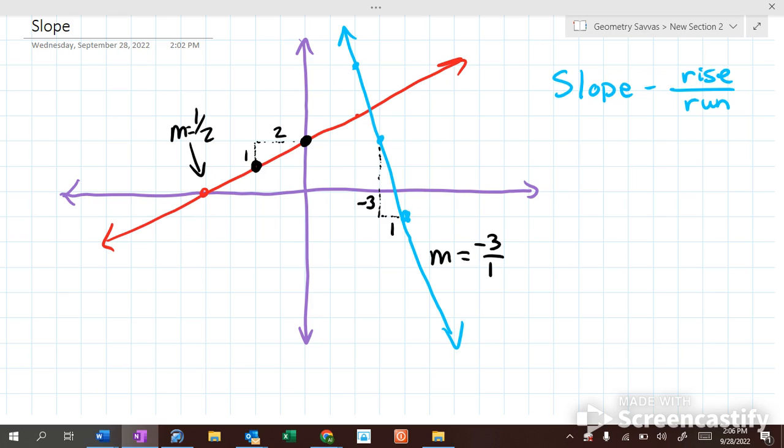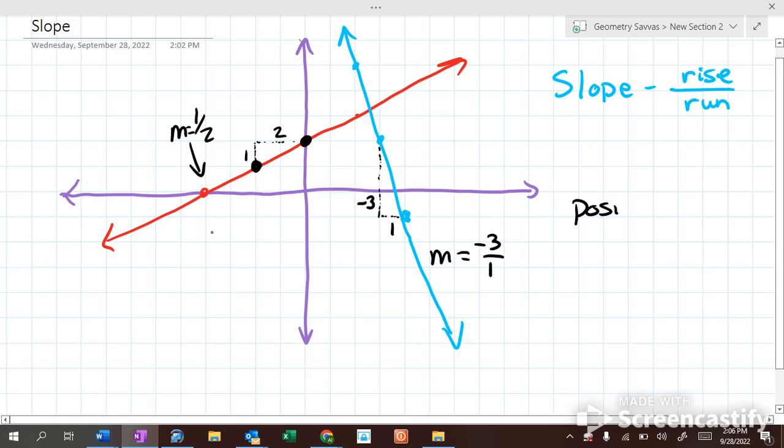Now, if I just look at the red line, I know that the slope is positive. Why? How do I know that the red line is positive slope just because I looked at it? Any line that goes up from left to right.